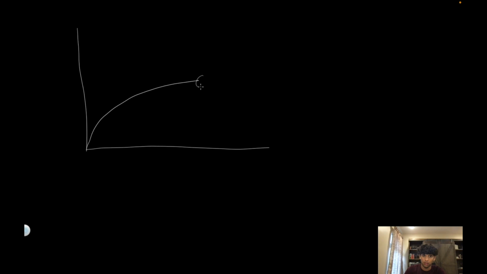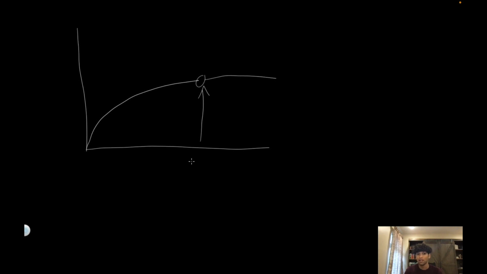So let's start with a removable discontinuity. Now let me present to you a graphical representation of what a removable discontinuity can look like. This is just an example. Now I may have already mentioned this, but this is an example of a removable discontinuity in a graph.